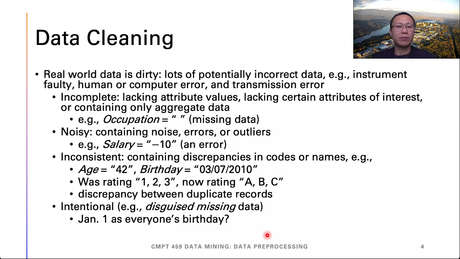And also there could be some conventional inconsistency. For example, when we want to collect the birth date, if one doesn't want to release private information, they may just randomly pick a value, for example, January 1st. So if you look at the customer database, you may find a large number of people have January 1st as their birthday.